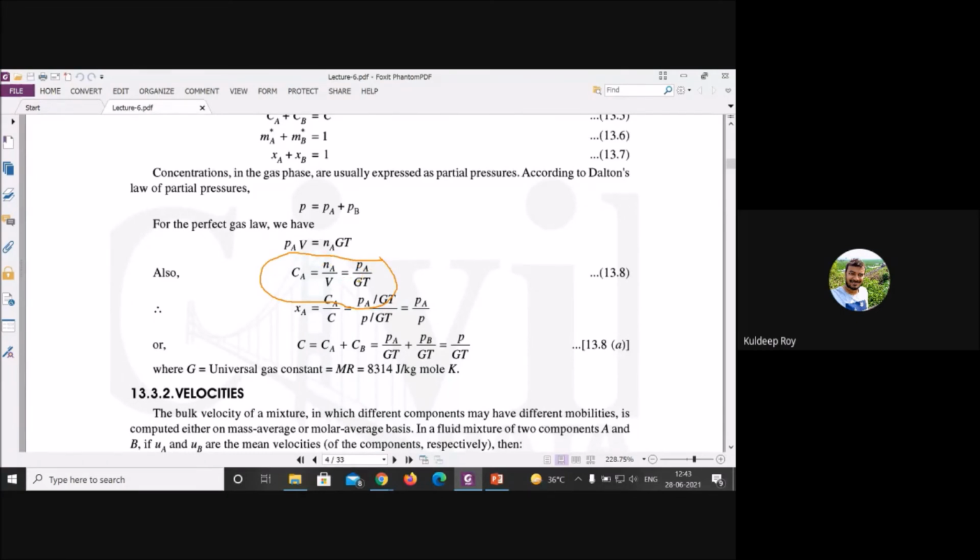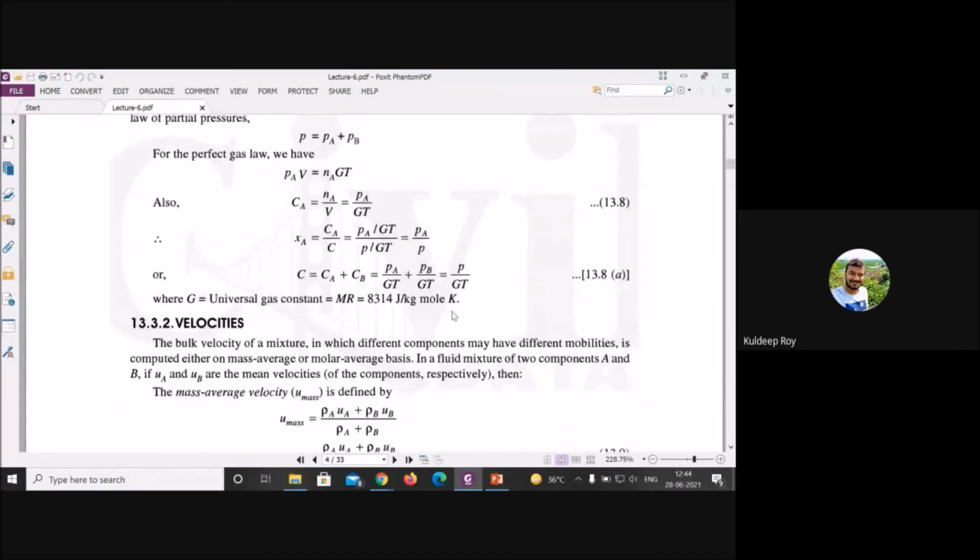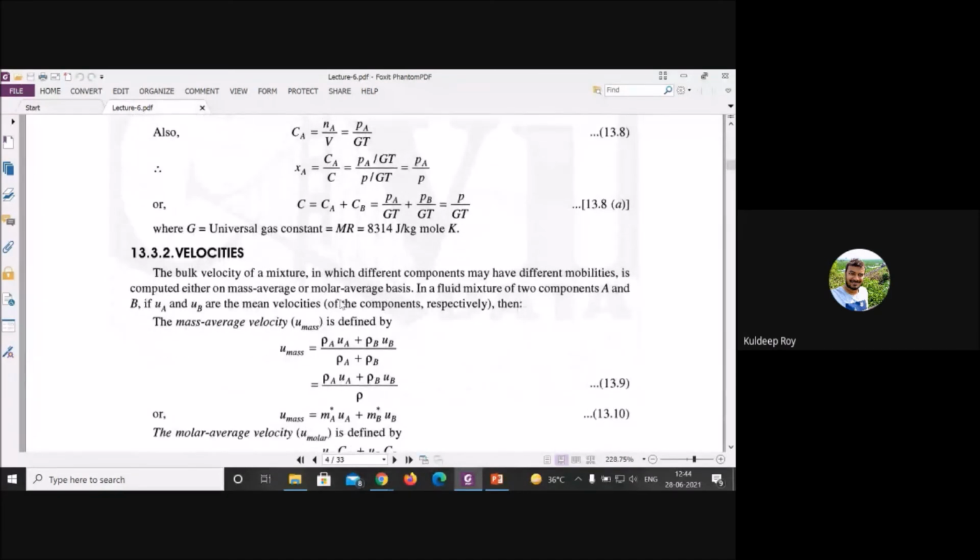The formula is PA by RT. G is nothing but R in PV equal to nRT. This is RT, the universal gas constant. R and G are both similar. It is mentioned here, no? He has converted it.